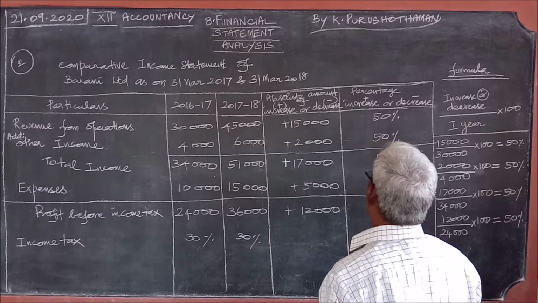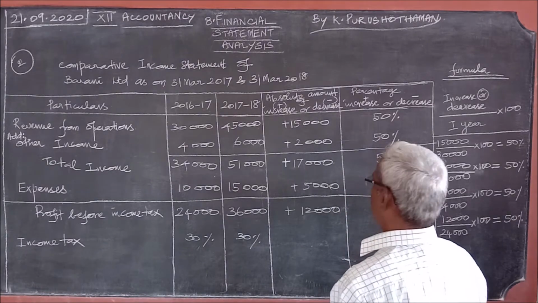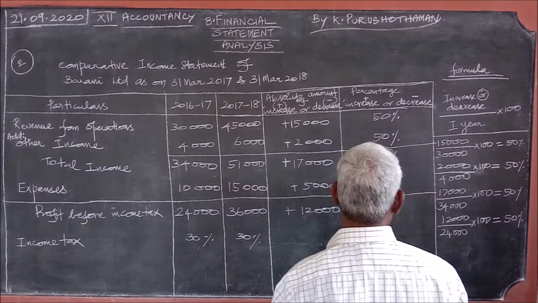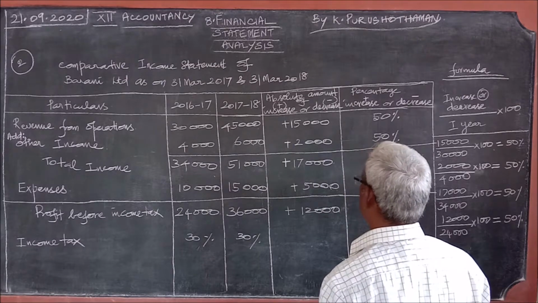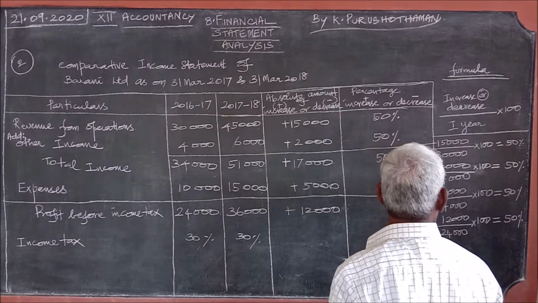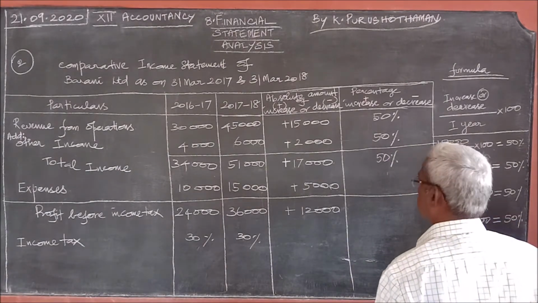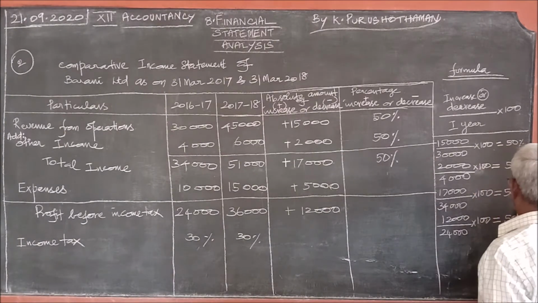Expenses, I did not find the expenses, I think. Then after finding, we will go to the income tax. So, what are the expenses? Profit I have found out, anyhow, I will do it in order.